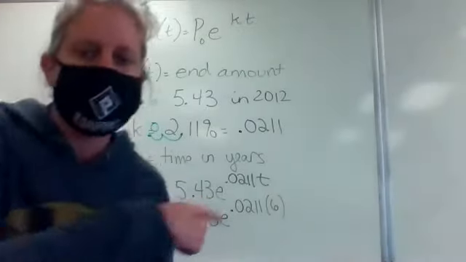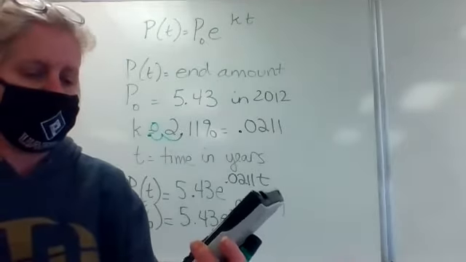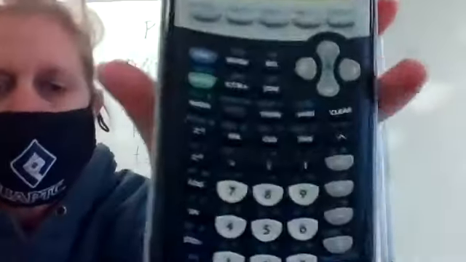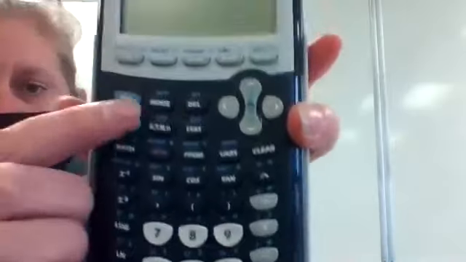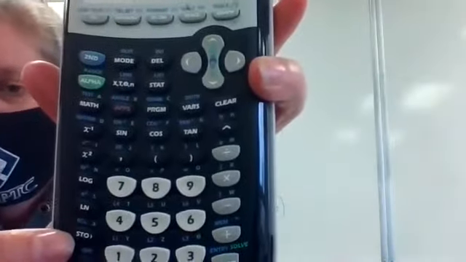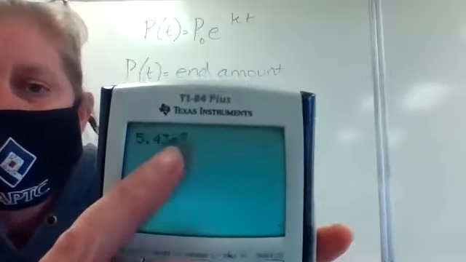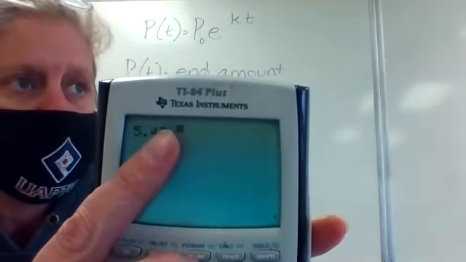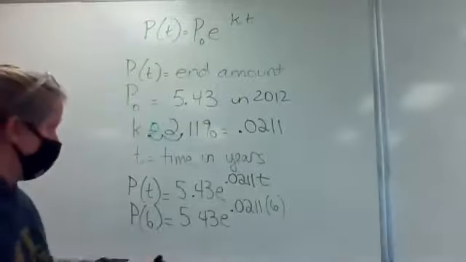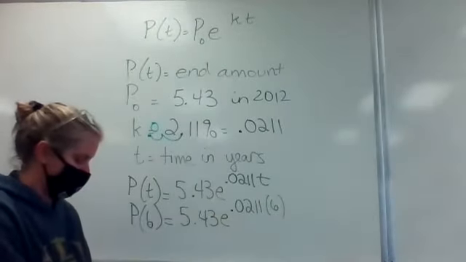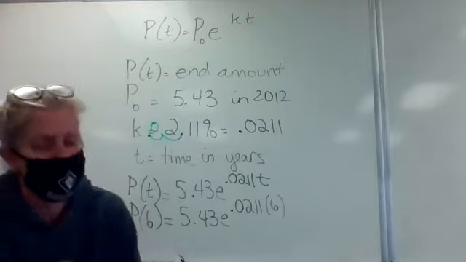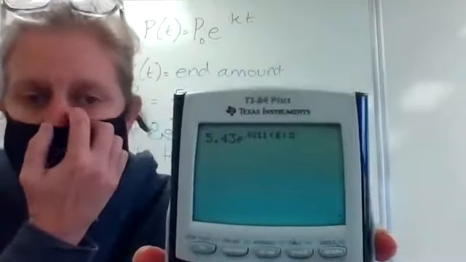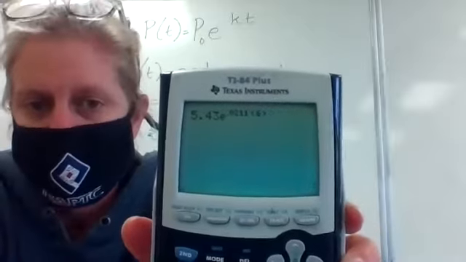So again, just putting that in my calculator now, 5.43. Now remember where that E is. It's the LN button, but above it. So you'll just have to push second LN to get the E, and it automatically puts you up in the exponent for you. So up in my exponent, I put 0.0211 times 6, just like it is. So just put parentheses around the 6 and hit enter.